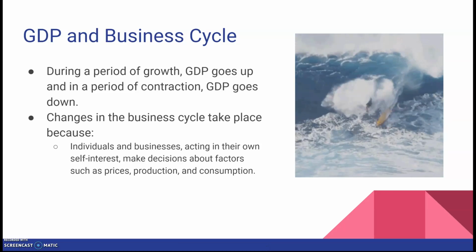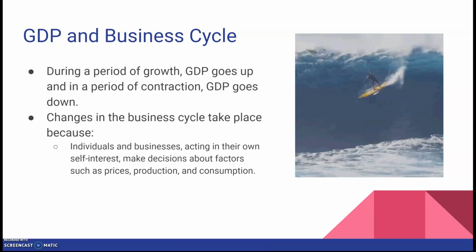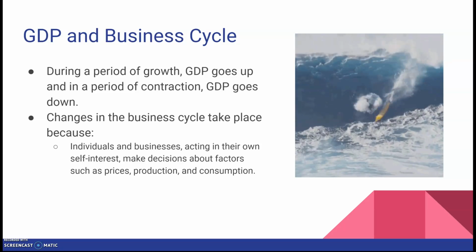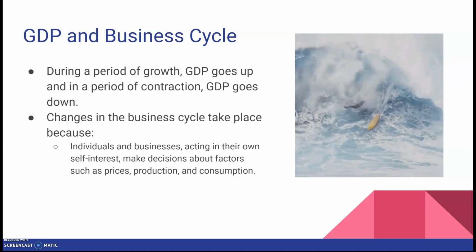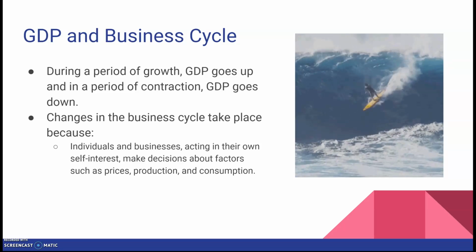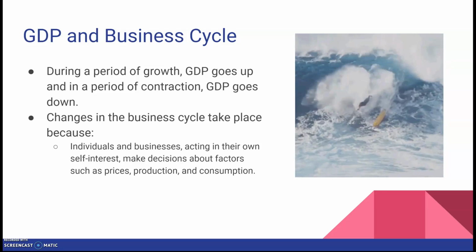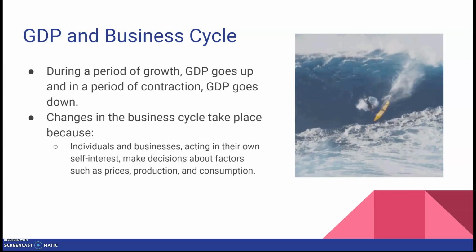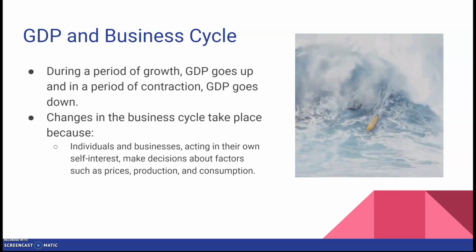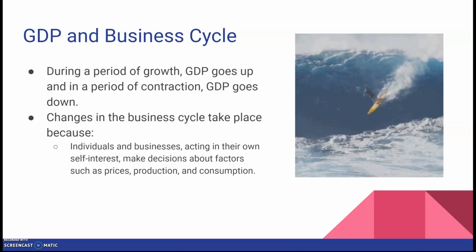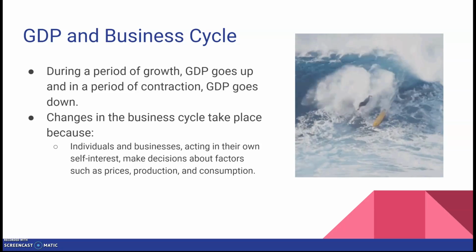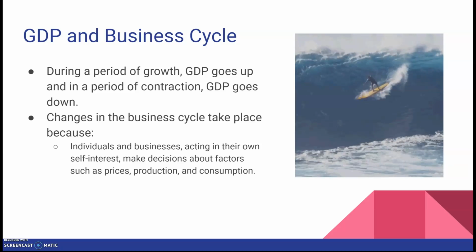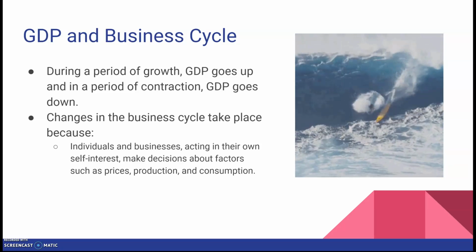Within growth, you will see that the GDP goes up. So, just like a graph, just like a roller coaster, if it's going up, that means that GDP goes up. If it starts to go down, the GDP goes down. And the business cycle can change because of so many factors, whether it be stocks, whether it be people who are trying to cut short and cheat the system.